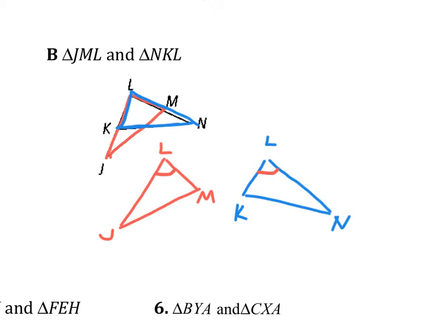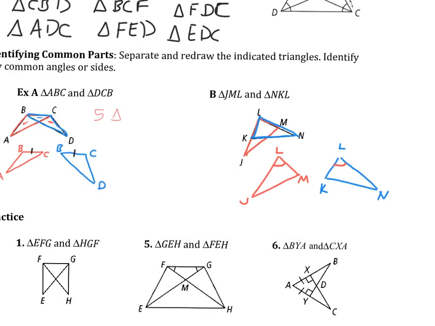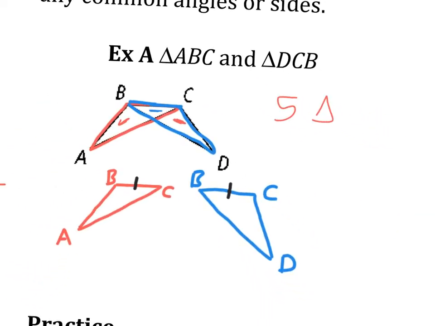Not simply because there's a letter there. That's the same. But notice here, angle L is this angle right there, and both of them are using that entire thing. As opposed to over here, they both have the letter C in this one, right? This one has the letter C, but it's this acute angle right there, and the blue one has the letter C, but it's an obtuse angle there.